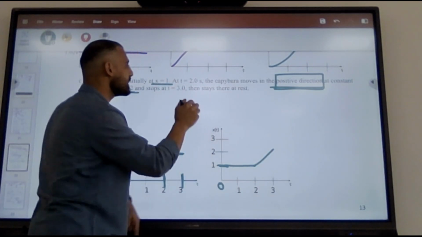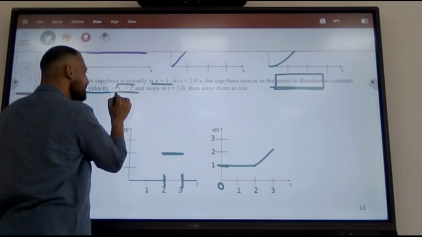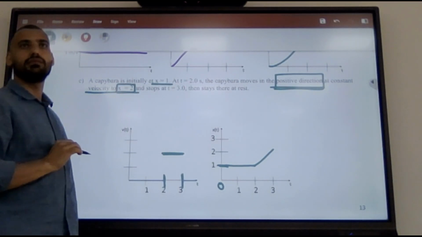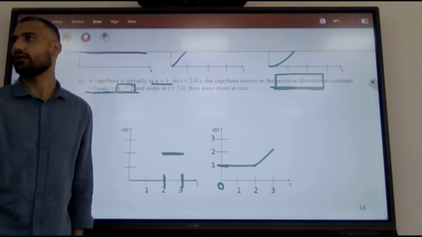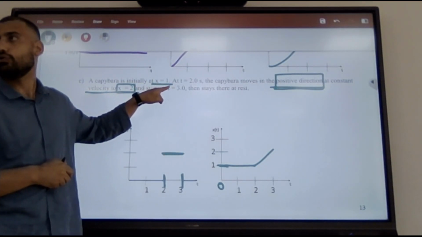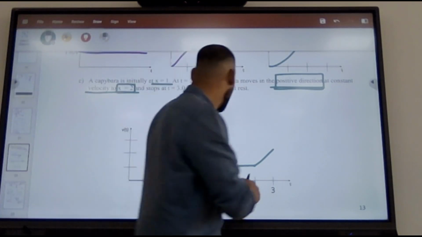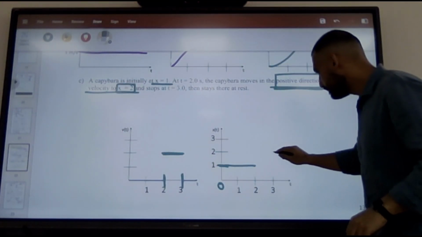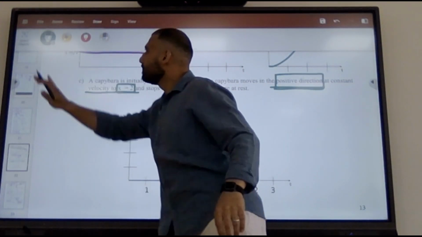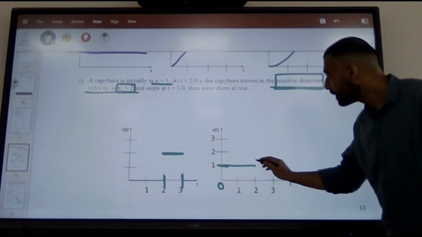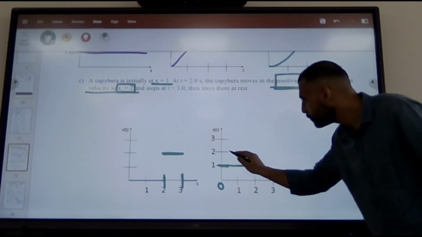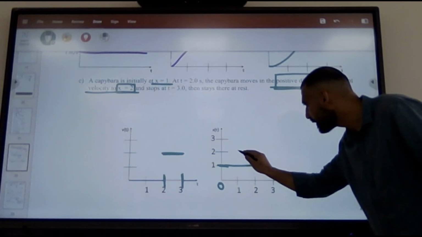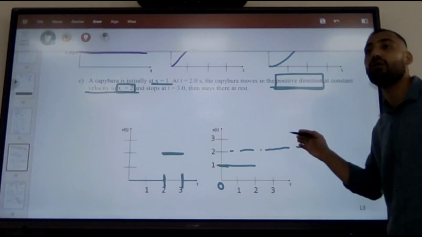From 2 to 3 seconds, how much distance has he covered? He's at x equal to 2, isn't it? He had started from x equal to 1. So from x equal to 1 to x equal to 2, he is somewhere here, isn't it? But how has he reached there?